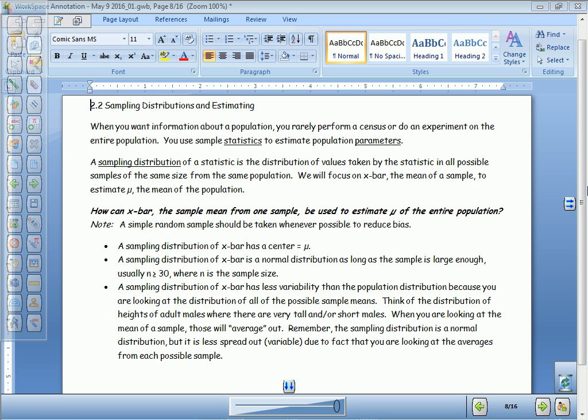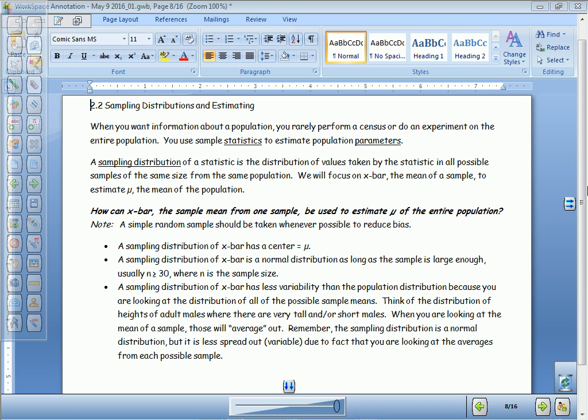And the sampling distribution of X bar is going to have less variability than the population distribution, because when we look at our sample means, they're going to average out. So if we think about the distributions of the heights of adult males, we've talked about that a couple times. We have very tall and very short males.